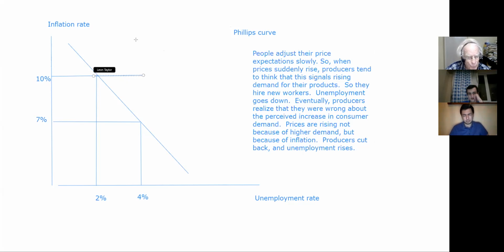That's the intuition behind the reality that the Phillips curve sort of looks like that. They have a long run vertical value. But sometimes this graph is right.